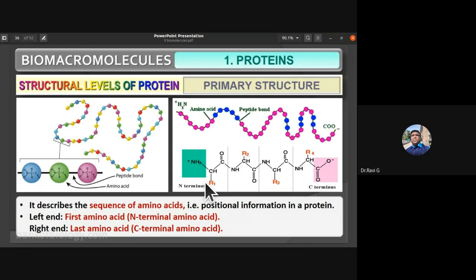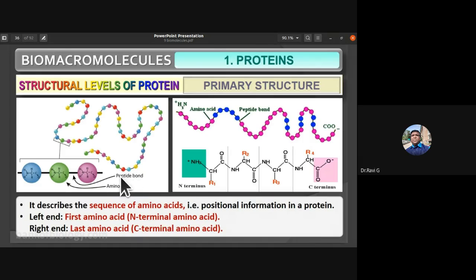The last amino acid at the right end, we call the C-terminal amino acid. So the positional information in a protein is described by this primary structure.